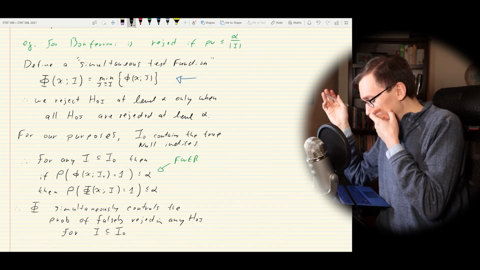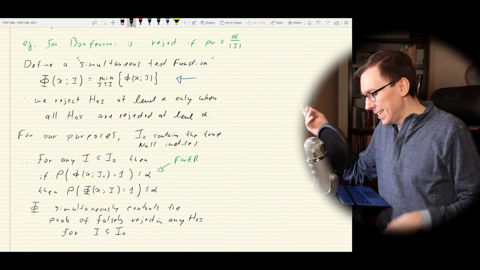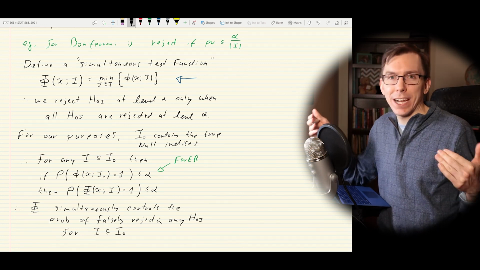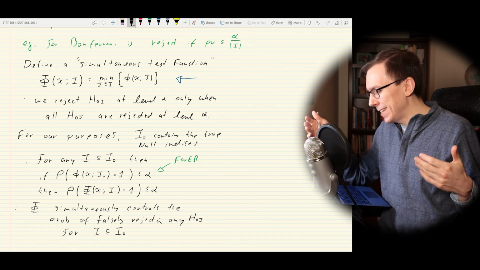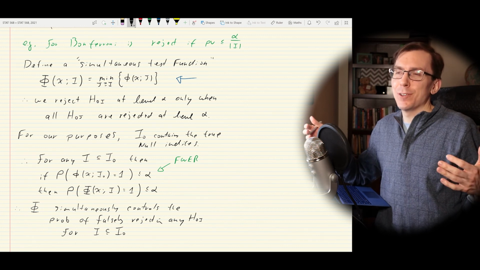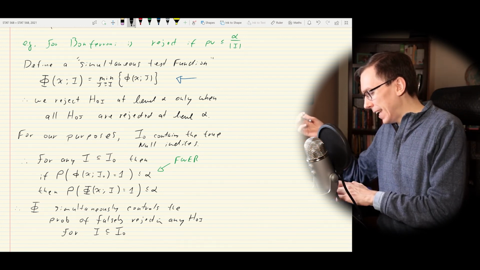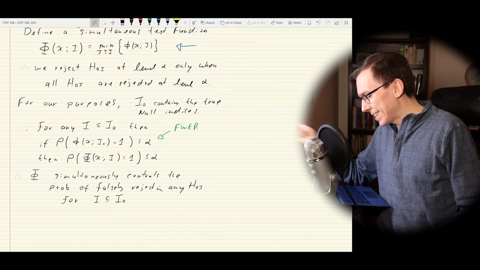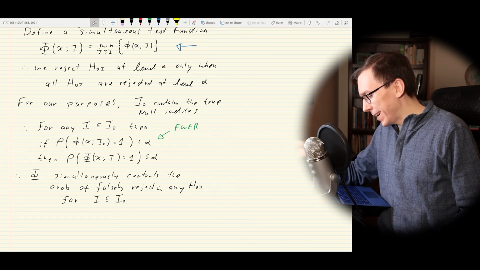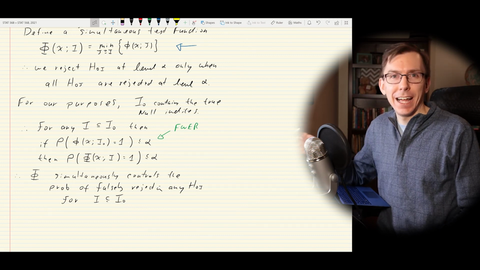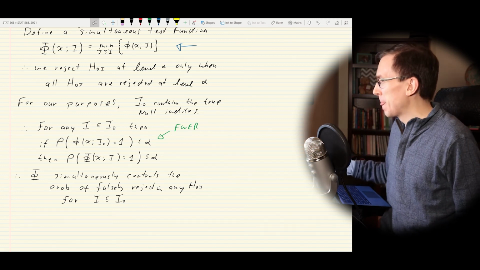So in this case, this is a test. It's basically the simultaneous test function is saying, how do we choose to reject? And what we're saying is that this will have the correct rejection rate for any collection of null hypotheses.